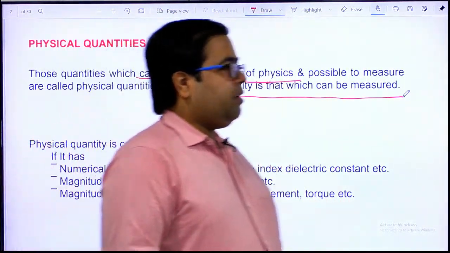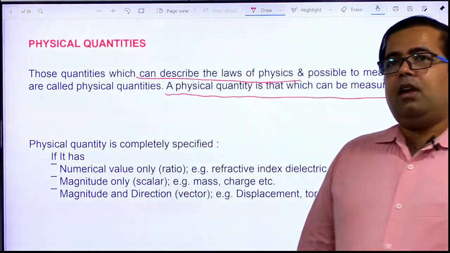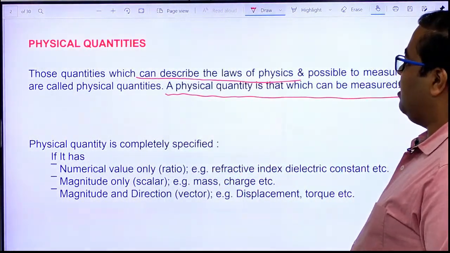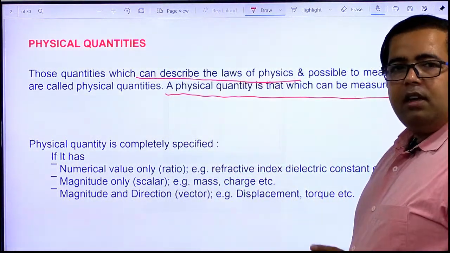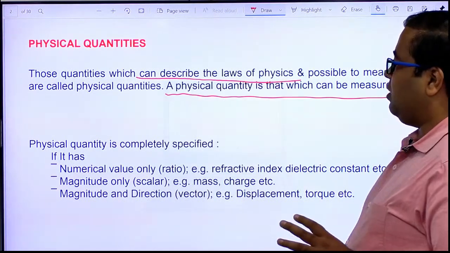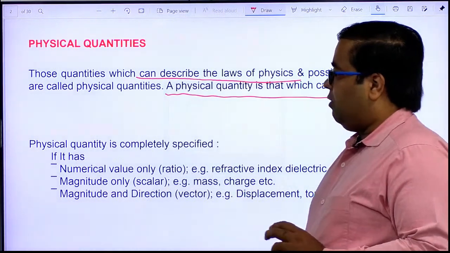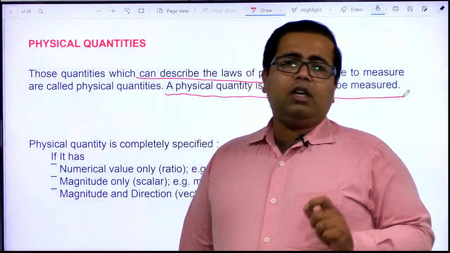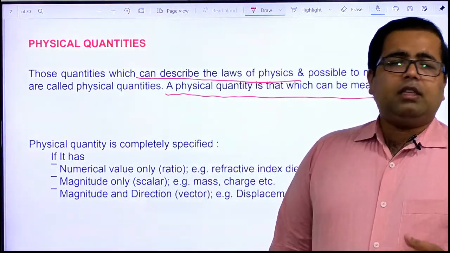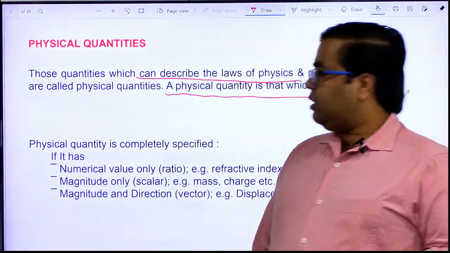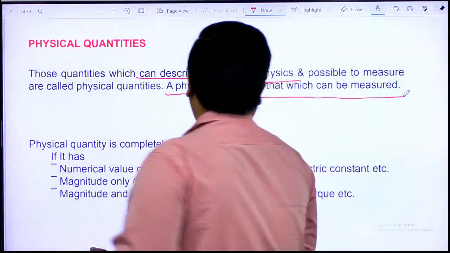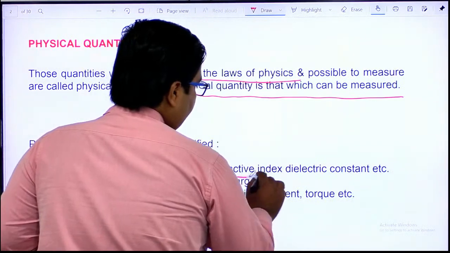Let's see the specific points about physical quantities. We get three types of physical quantity in physics. The first one has only numerical values. Actually these are ratios. For example, take the refractive index.